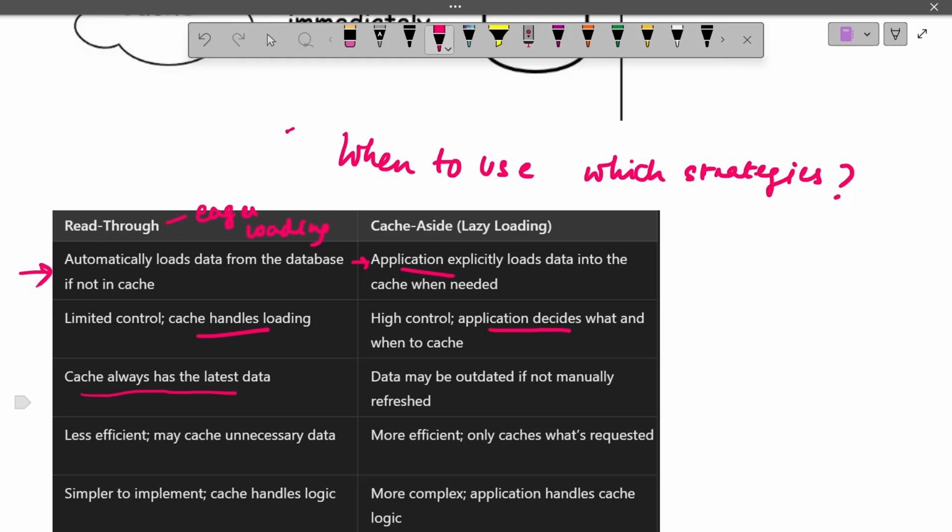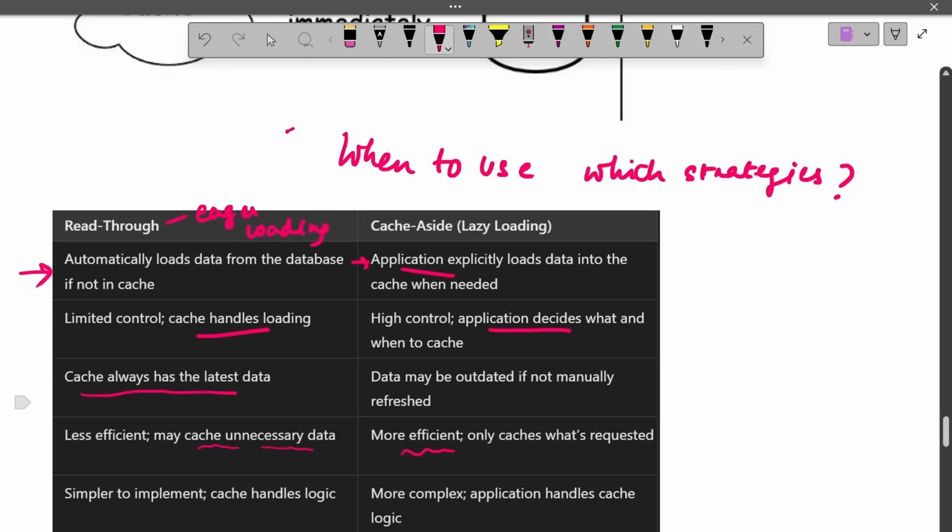So read through is a little less efficient because the cache may try to cache unnecessary data which is not needed. But in case of cache aside, we are only caching the data that is requested, whenever there is a cache miss, when we are trying to populate the cache.